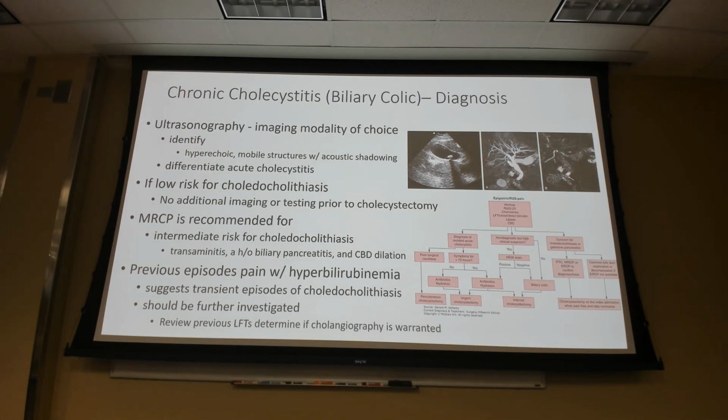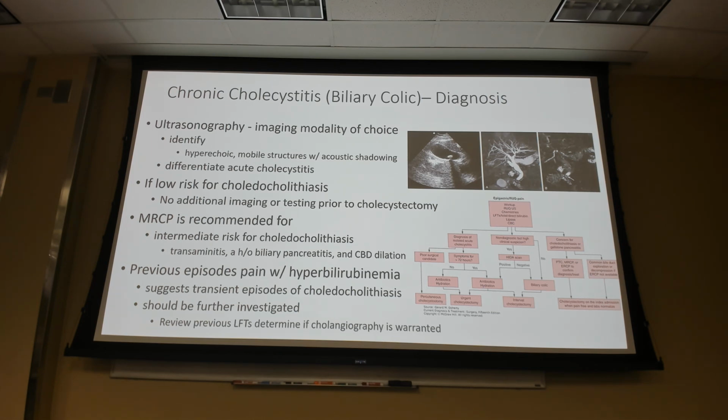And so there's the ultrasound on the left, obviously you can see the gallstone there, and then we have our other scans we can do as well. The key is we want to differentiate whether it's acute cholecystitis versus just symptomatic cholelithiasis, and we do that from all those measurements I was talking about, like the anterior wall thickened, pericholecystic fluid in there, and your CBD measurement may be increased.